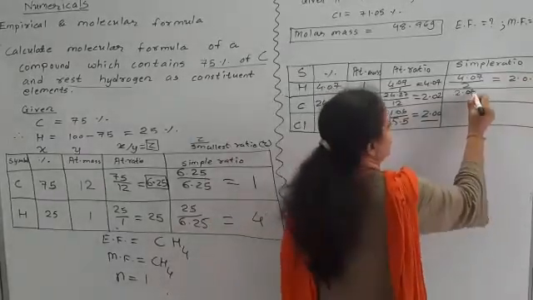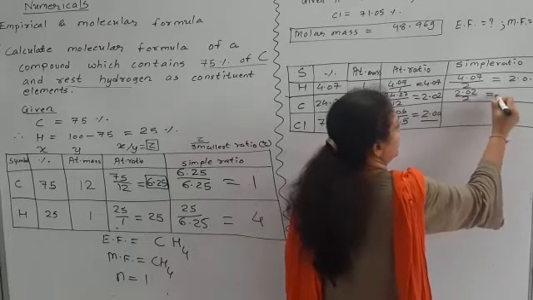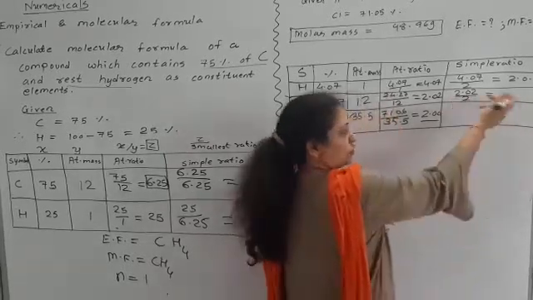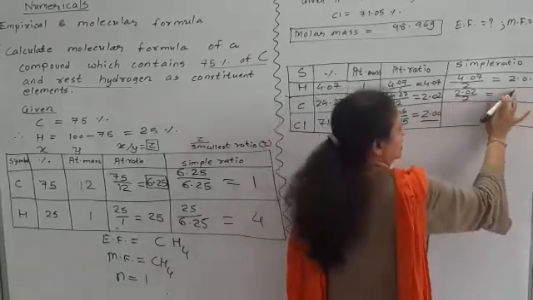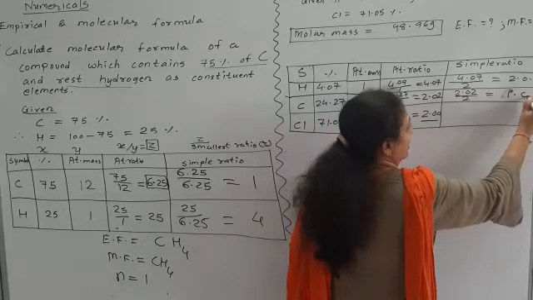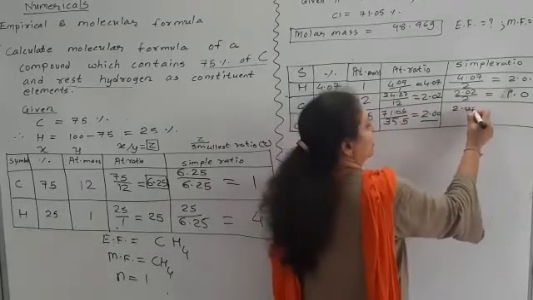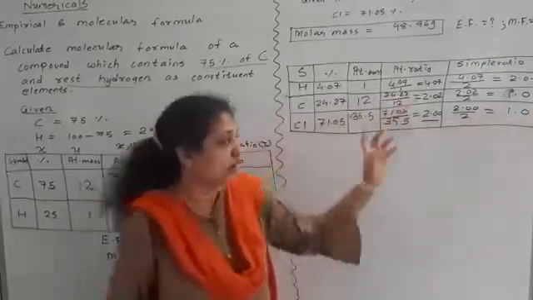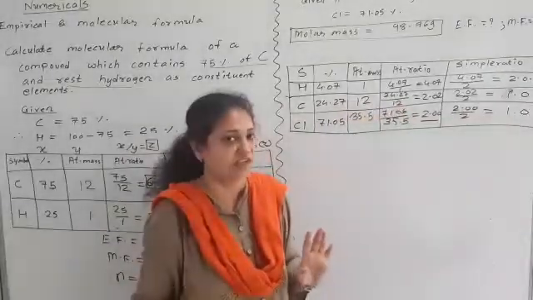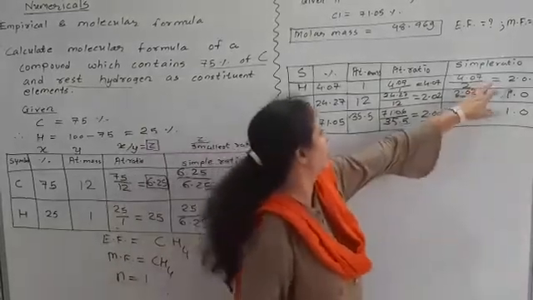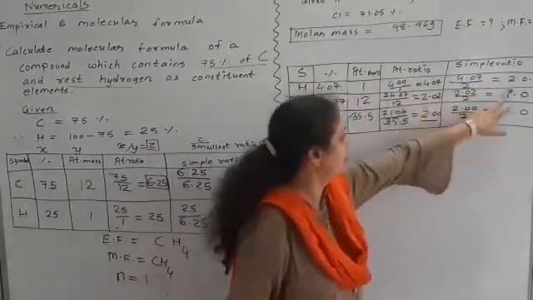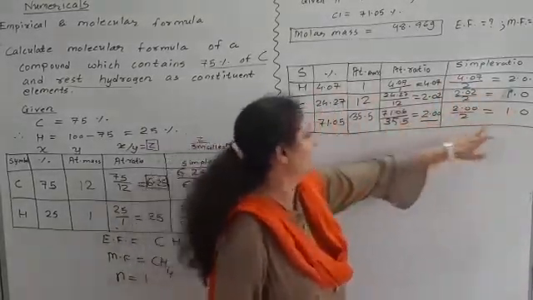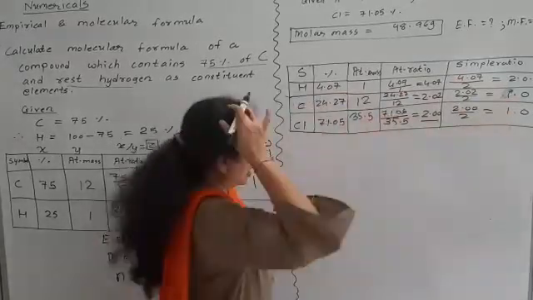Then 2.02 divided by 2, answer is 1. And 2.00 divided by 2, answer is 1. So round it off to the nearest whole number if it is not a whole number. So we get 2 hydrogen, 1 carbon and 1 chlorine in the formula.